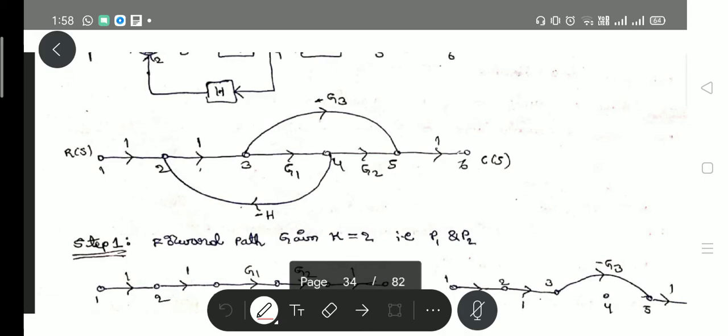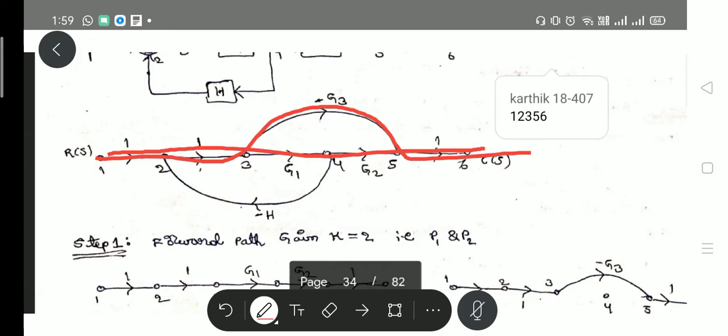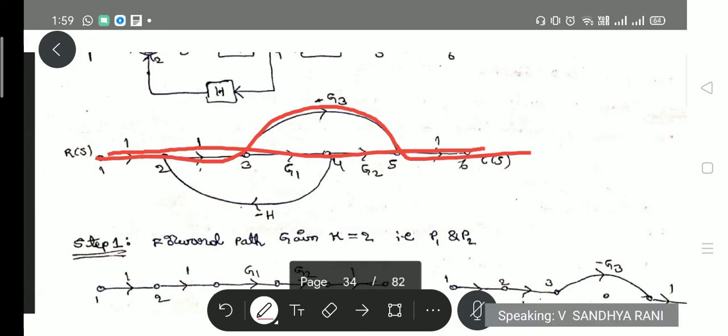One is 1 to 6, right, 1 to 6. Another one is 1, 2, 3, 5, 6. Right. These are the two forward paths.